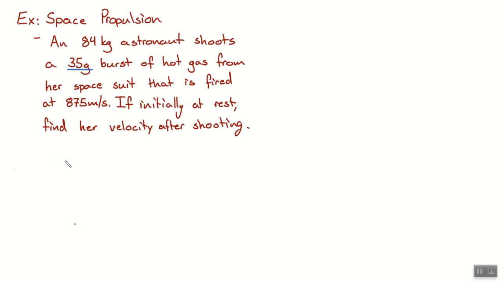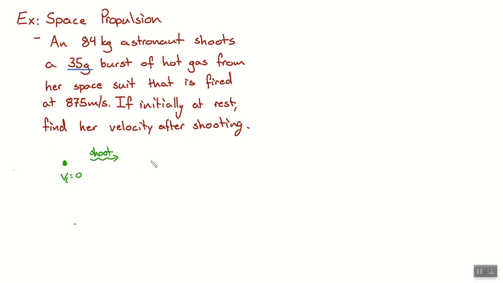So if we want a picture, we can. Here's an astronaut, and I'm just going to draw a point, and they're initially at rest. So Vi equals 0. Okay, and then something happens, and this is the shot of the booster, and we wind up having two different things.